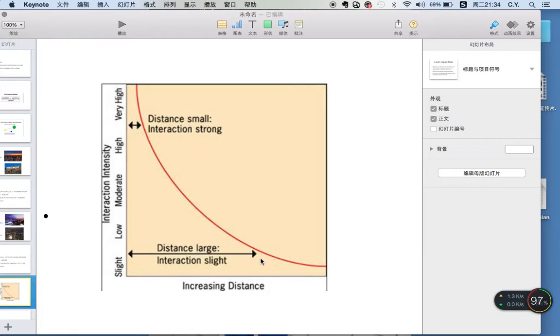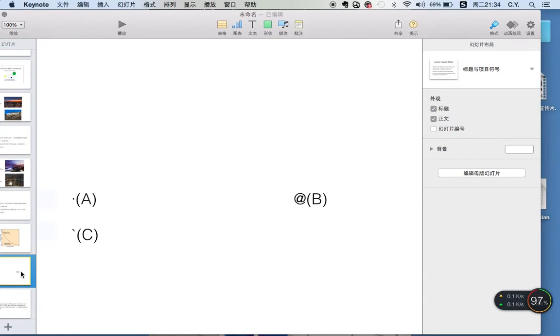We can see from the graph that when the distance between two cities is small, the interaction is very high. When the two cities are far apart, the interaction is very low.